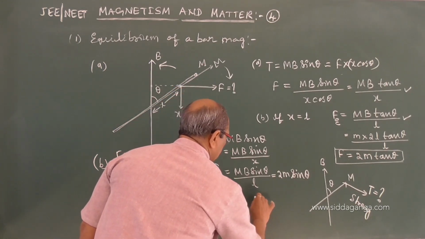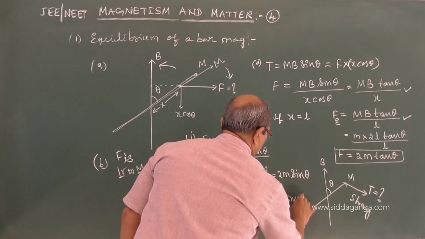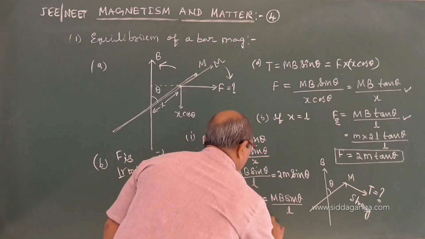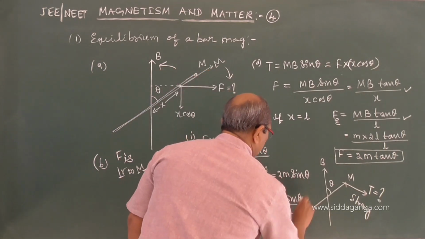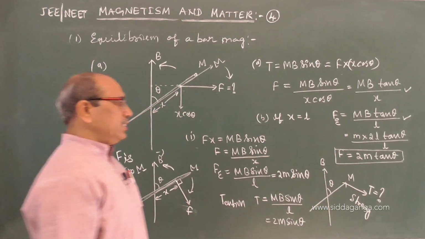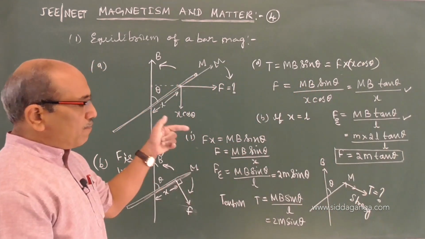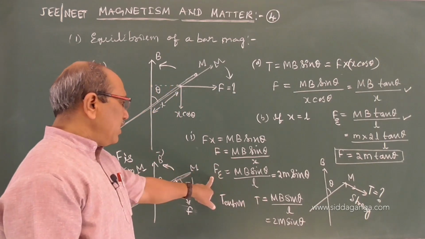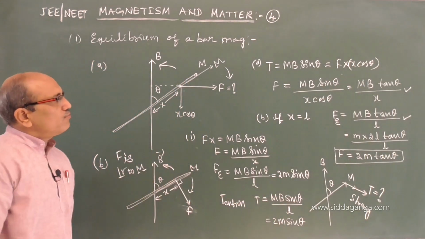Tension in the string T equals mB sin theta by L, or 2m sin theta. What is the tension in the string to keep it in equilibrium? If asked, when applying through a string, the tension in the string is nothing but the force at the end point, mB sin theta by L, or 2m sin theta. I hope you have followed here.